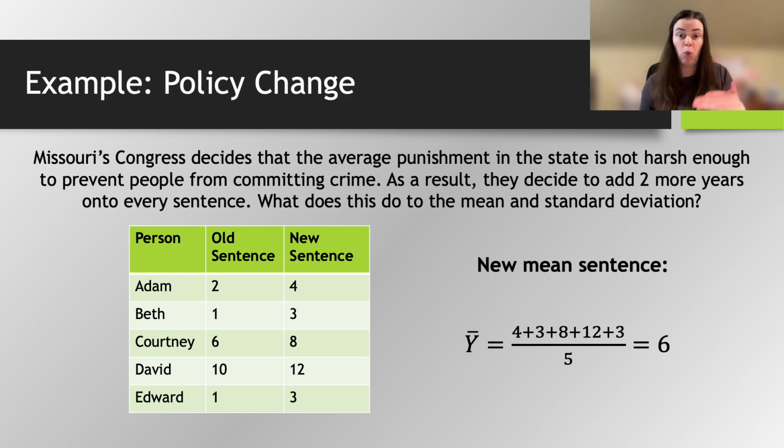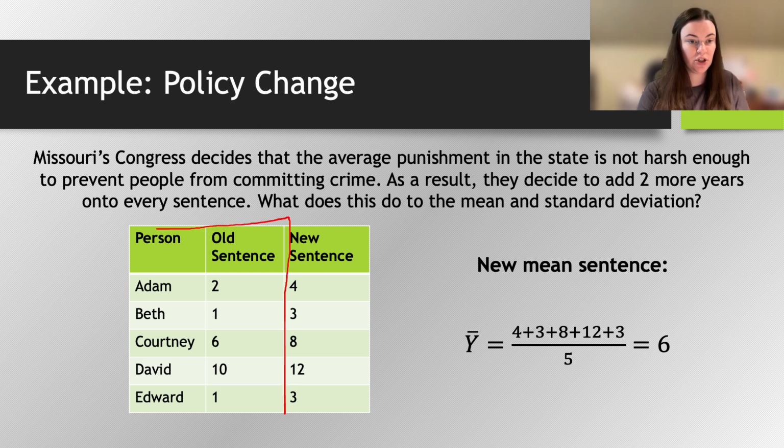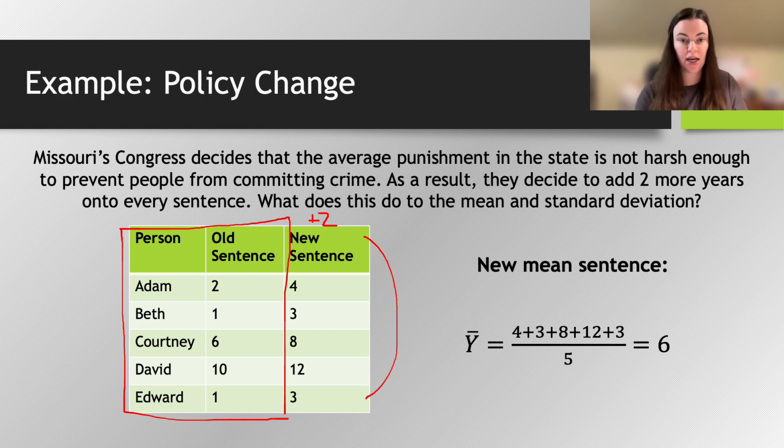And so we want to see how this affects both our average sentence length for Judge Knutson and that standard deviation. So in this case, what we're looking at in this table, the original table is right here. So just our person and our old sentence. And here's what it looks like if we are to add those additional 2 years to every sentence here below for all of our defendants.